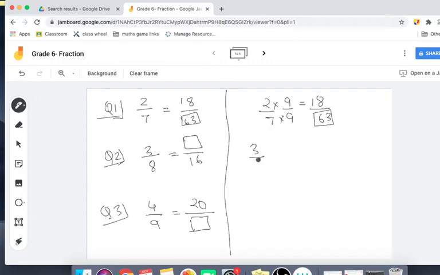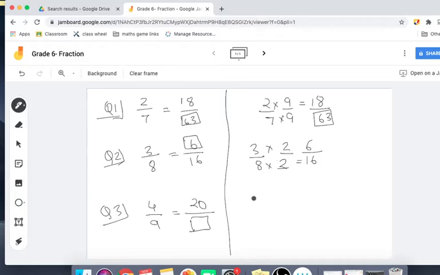Now 3 by 8. 8 में what will we multiply so that we can get 16 here? The same thing we will multiply in the numerator also, right? We know that 8 into 2 is 16. So here 3 into 2 would be 6, and 6 would be your answer.